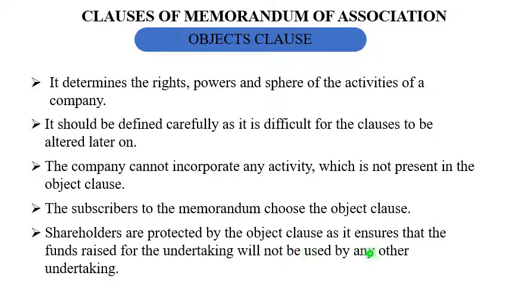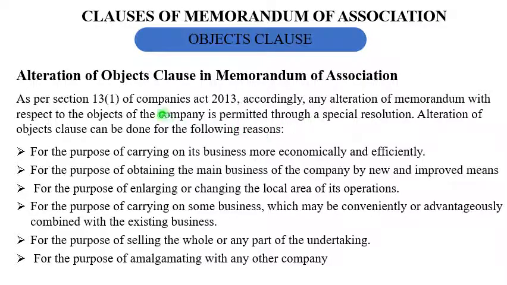Shareholders are protected by the objective clause as it ensures that the funds raised for the undertaking will not be used by any other undertaking. Clear? Means that whatever money is collected from the shareholders is used properly for the specified objective of the company. Now next one is the alteration of the objective clause.